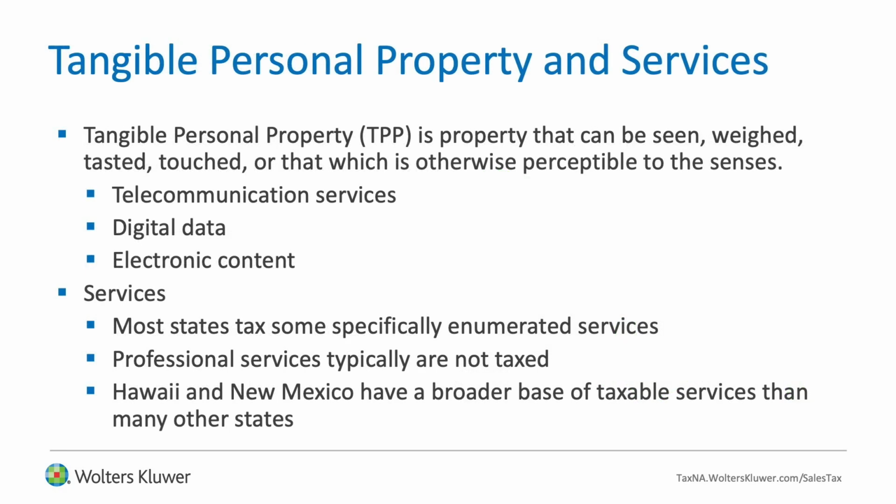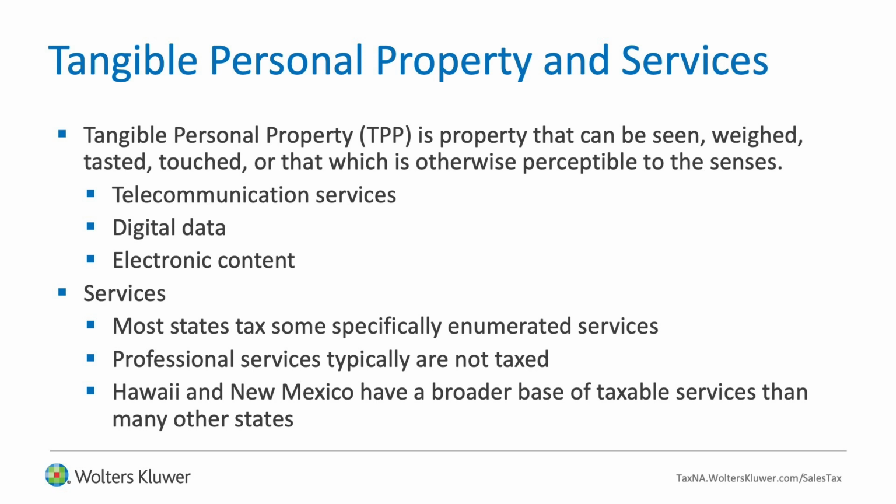The state sales and use tax is imposed on tangible personal property. What is tangible personal property? Typically, it's something that can be seen, weighed, tasted, touched, something that's perceptible to the senses. I like to call it stuff. Telecommunications services, digital data, or electronic content can sometimes be considered TPP.